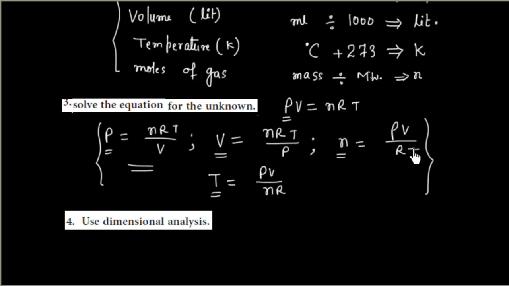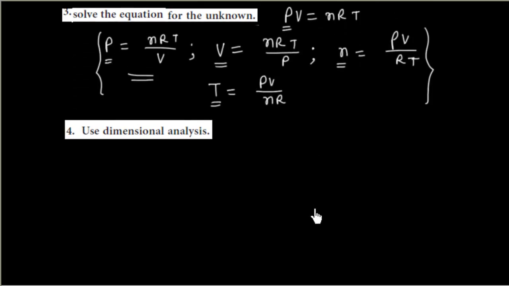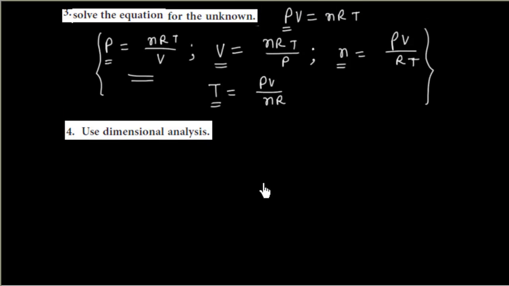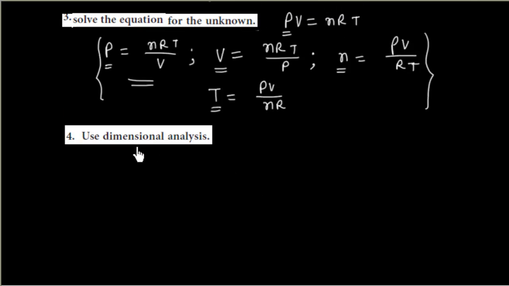Another important point is that it is always advisable to use dimensional analysis in this kind of problem. Let us say, what is the dimension of the gas constant R? This is easy to define.